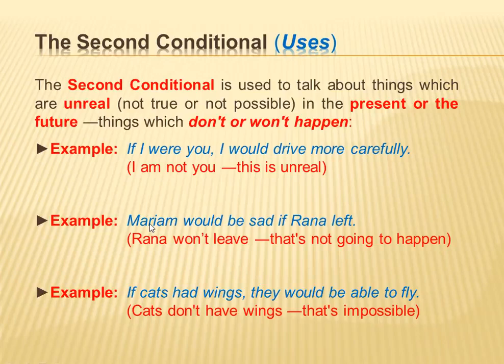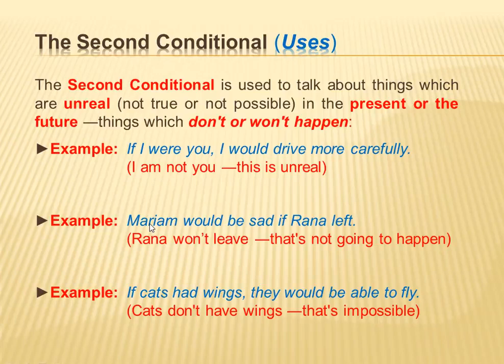One more example. If cats had wings, they would be able to fly. Cats don't have wings. That is impossible. Actually, from the past until now, cats have had no wings.